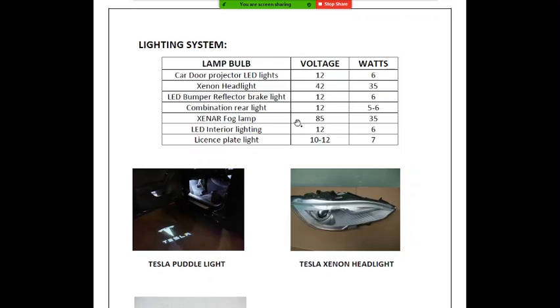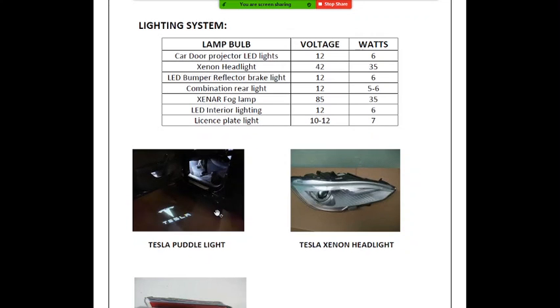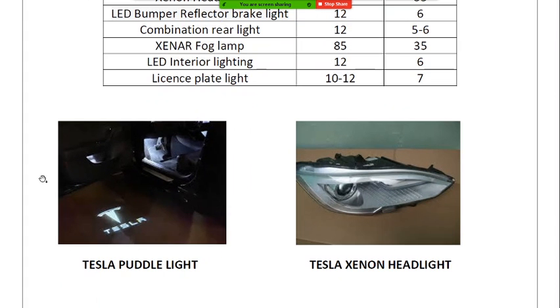A fog lamp is a very important thing in any vehicle, and the wattage is around 35 watts. The interior lighting and the license plate lighting are similar, at 12 volts. This is the Tesla puddle light: if you open the door, the light will reflect on the ground, showing the Tesla symbol.